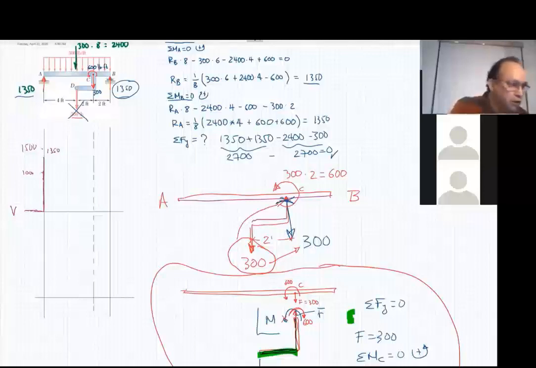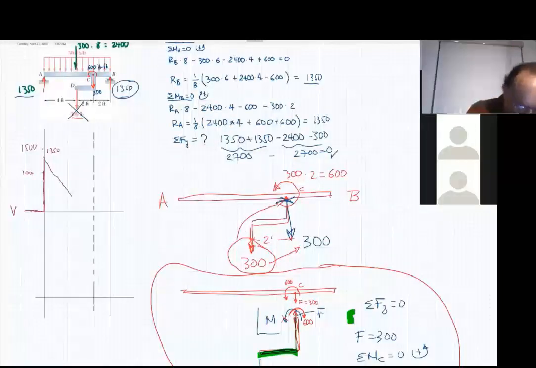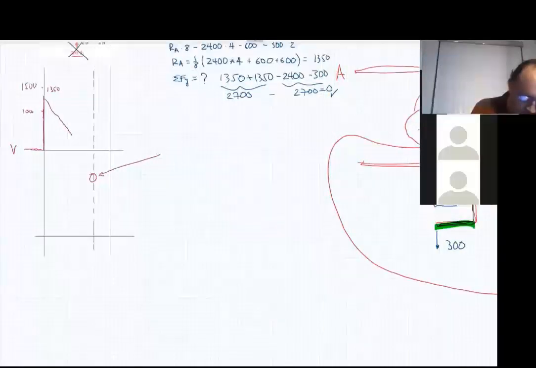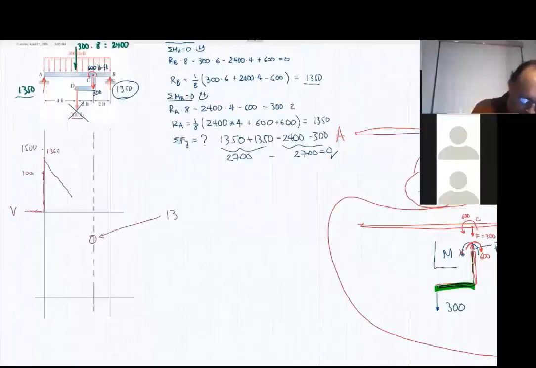So basically another thing that I can do is to go down as a straight line up to one point over here. What is the coordinate of that point? It will be 1350 minus all the load that goes from 0 to 6.